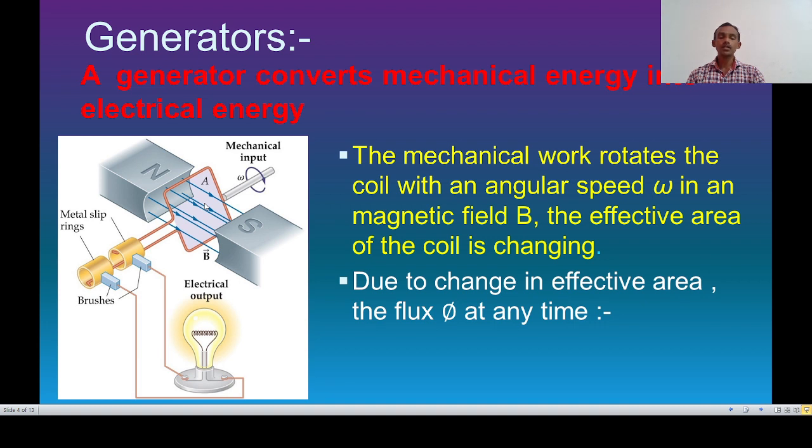That is, theta is equal to omega t. Therefore, phi is equal to BA cos theta, that is BA cos omega t. Now, if we differentiate this with respect to time, we get the induced EMF.